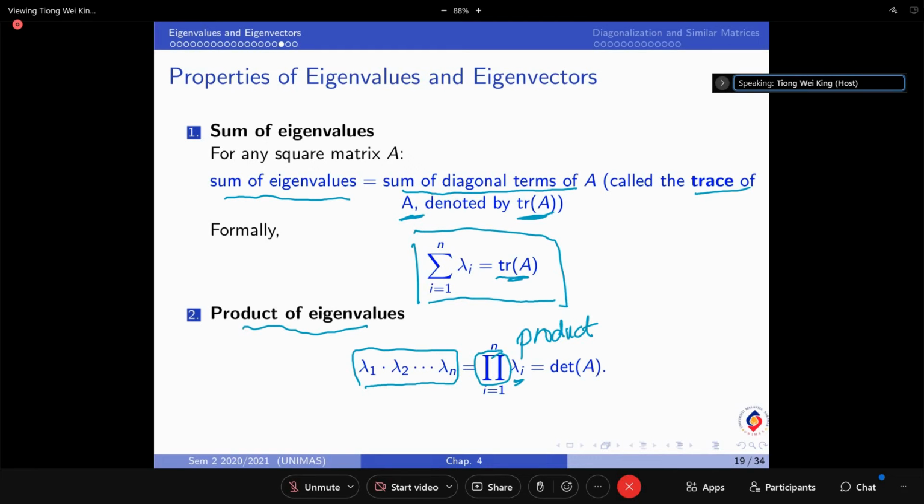This is actually equal to the determinant of the matrix A. So if you know the eigenvalues for a matrix, then you can find the determinant by multiplying the eigenvalues. You don't need to use the cofactor expansion, the one we learned in chapter 3. You just multiply the eigenvalues.